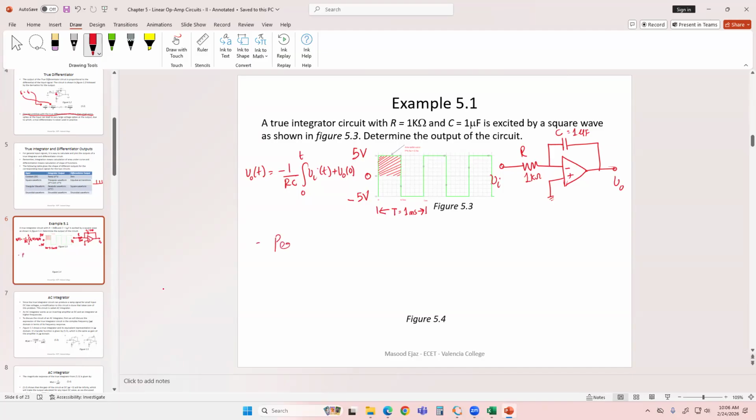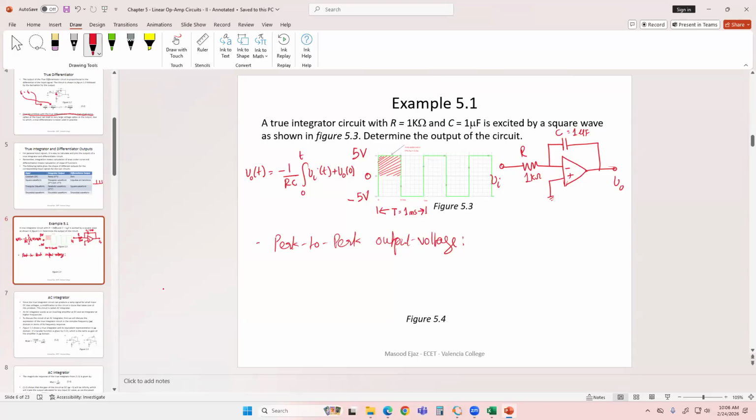Let's calculate what will be the peak to peak output voltage. To calculate the peak to peak output voltage, either we can use the positive area or we can use the negative area.